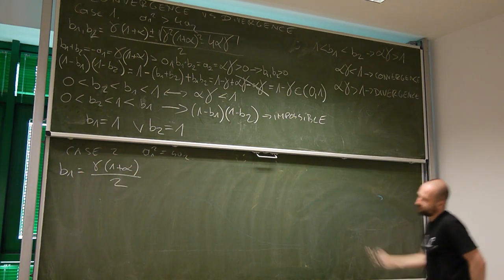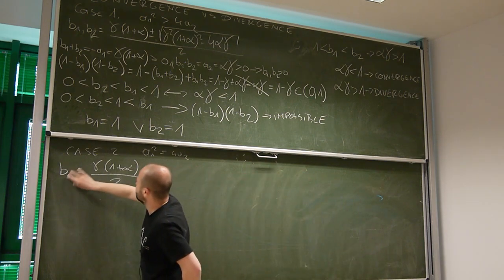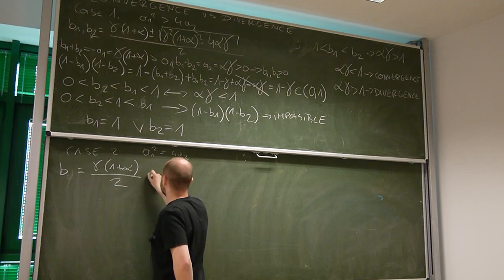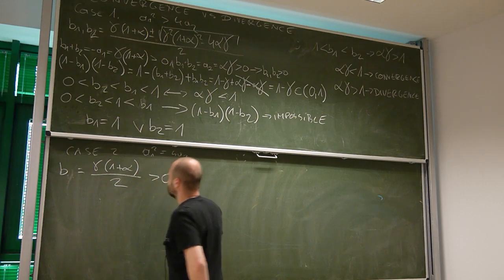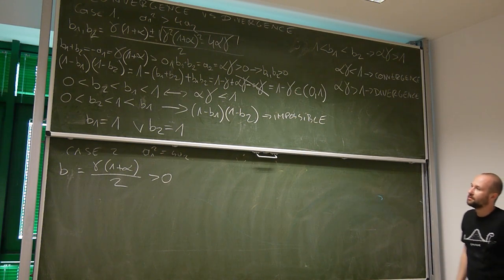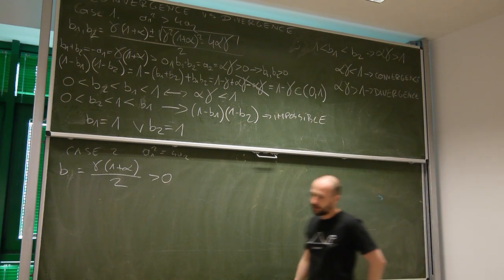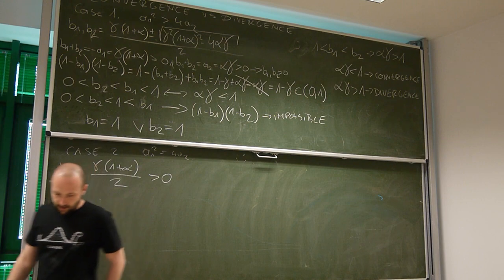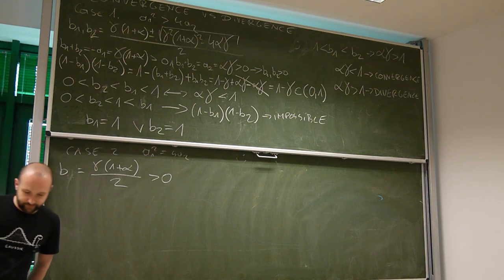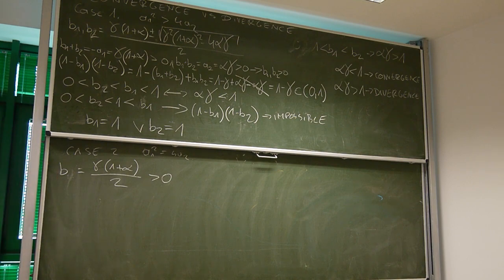Well, b. Now, right away, we can see from that this must be positive. Now, it's impossible under assumptions, we've got here that this is negative.